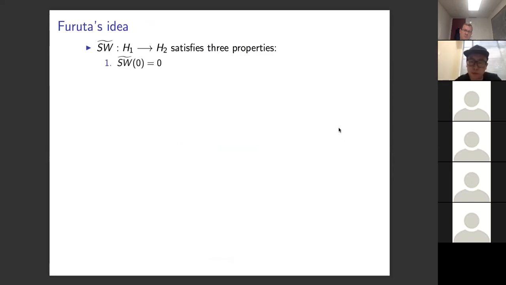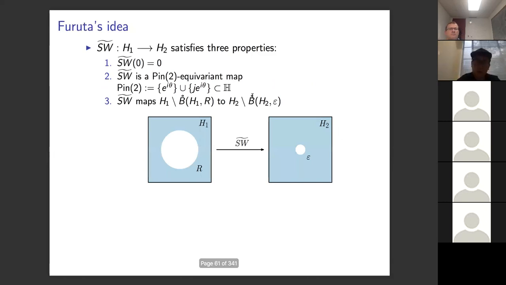This map satisfies three properties. It maps 0 to 0. It's a Pin(2)-equivariant map. Pin(2) is a one-dimensional compact Lie group whose underlying topological space is a disjoint union of two circles, and it can be viewed as a set sitting inside the quaternions. This map coming from the PDE actually has the following property. The point here is that the inverse image of 0 can be seen as the solutions of this map.